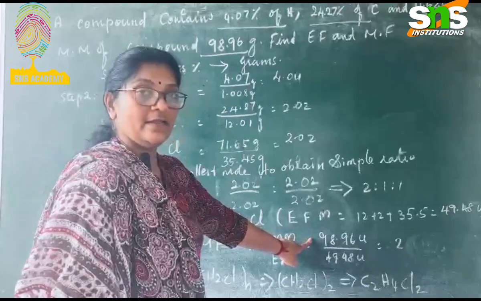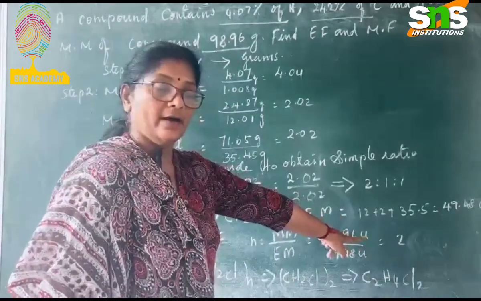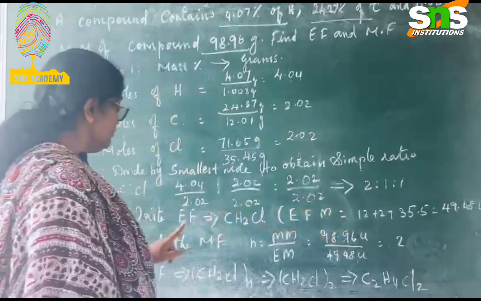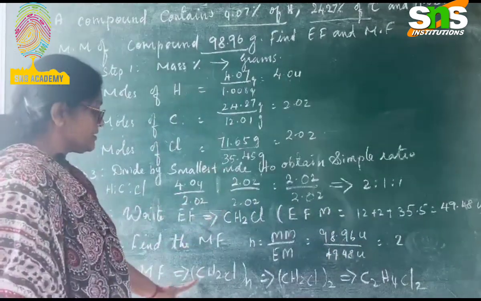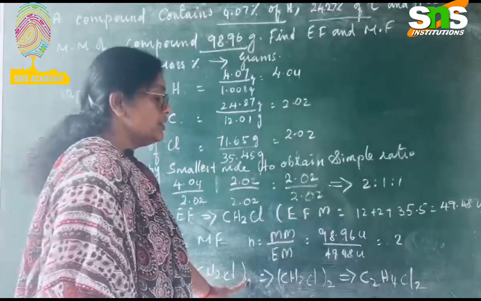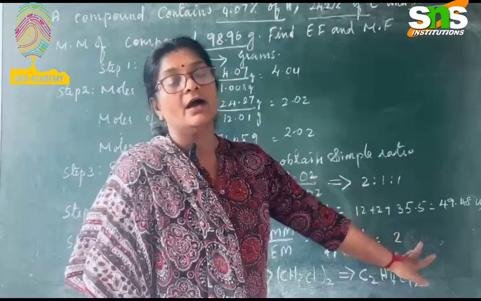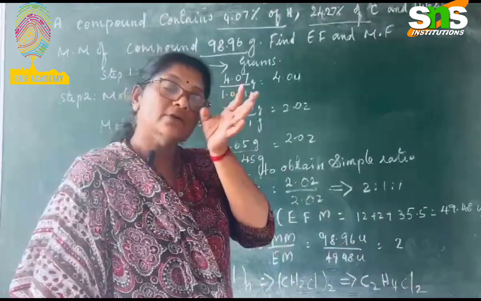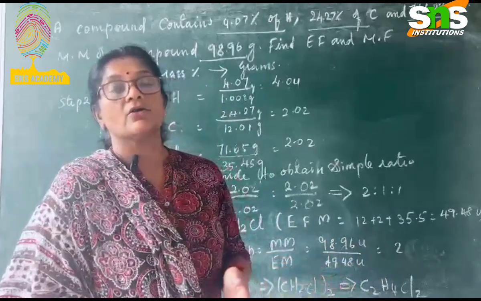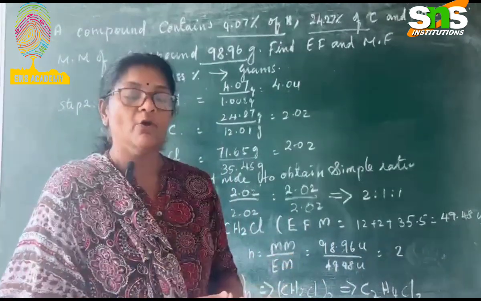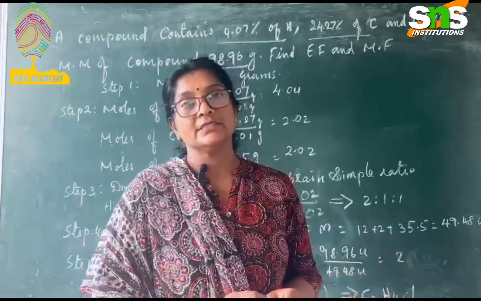So 98.96 divided by 49.48 will be equal to 2. Multiply 2 with the empirical formula, that gives the molecular formula. So the empirical formula is CH2Cl, multiply that by 2, you will be getting the molecular formula as C2H4Cl2. Hope the concept is very clear. So empirical formula will give us the simplest ratio of all the atoms in the compound, where the molecular formula will be representing the actual ratio of all the atoms in the molecule.